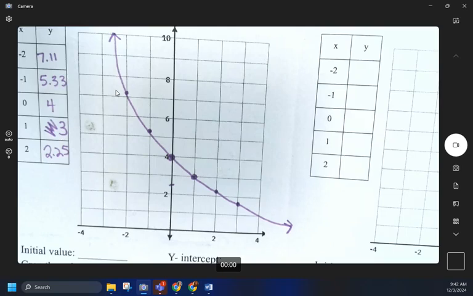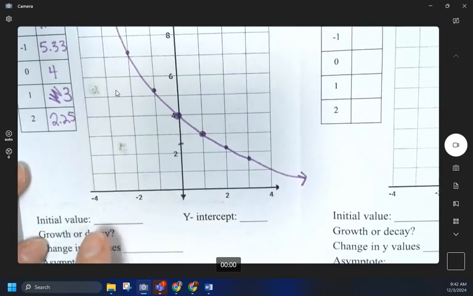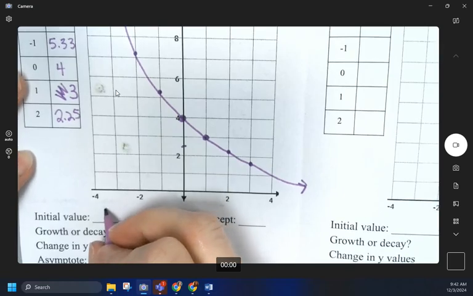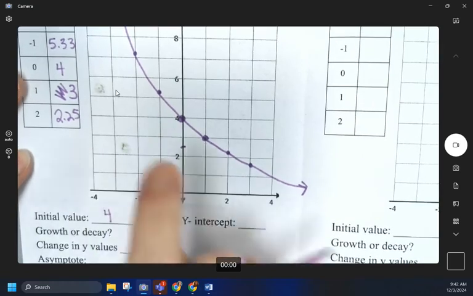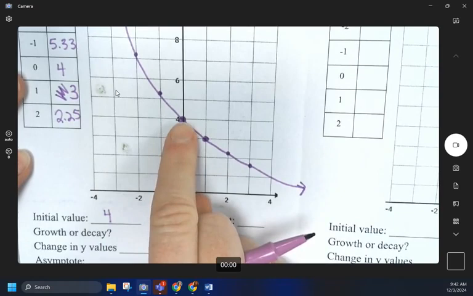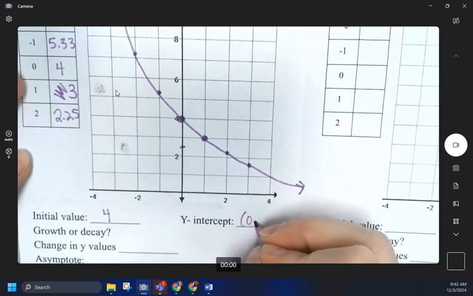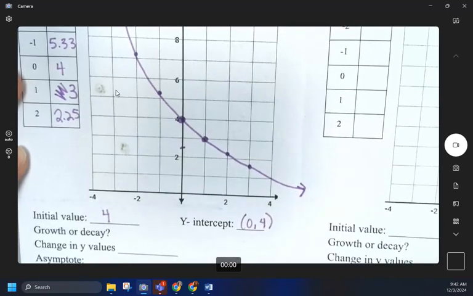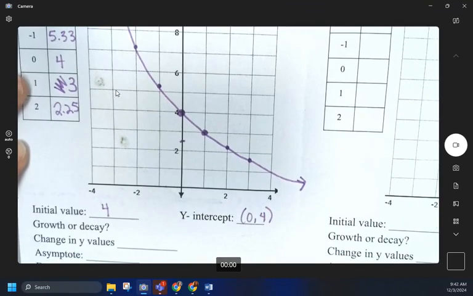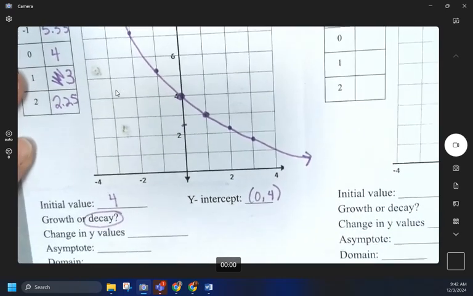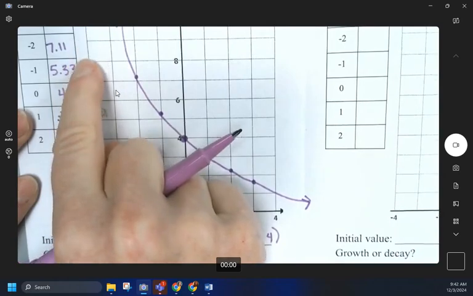All right, initial value. Let's go ahead and fill in our stuff here. Initial value is 4, which was our A value. Our y-intercept, y'all with me? Yep. 0, 4. Growth or decay? Decay. What's the change in the y values?